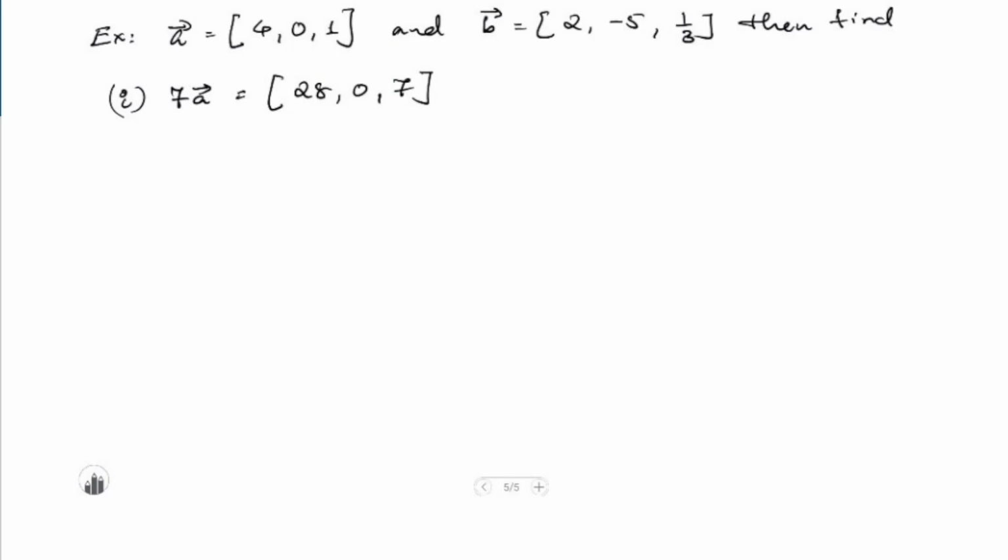So that would be our answer for multiplying 7 to the vector A.